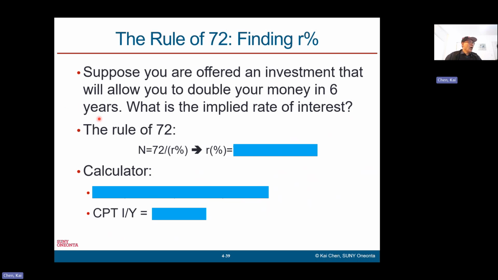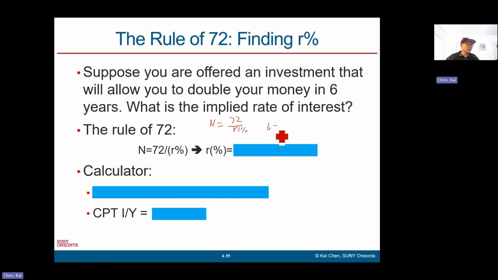Okay. Now, first of all, we use the rule of 72. Here, N equals 72 over R. R should be in percent, right? In this case, we know N. We're going to double the value of our investment in 6 years.